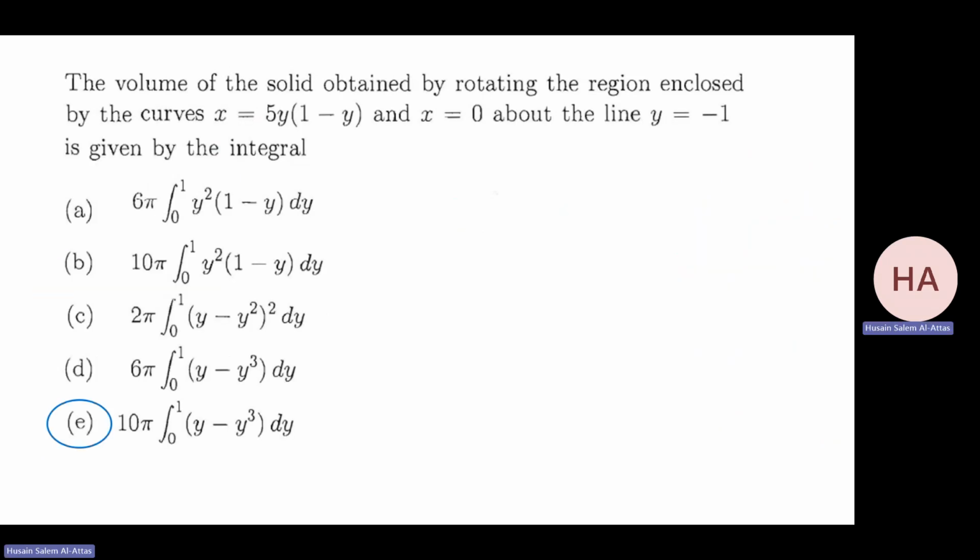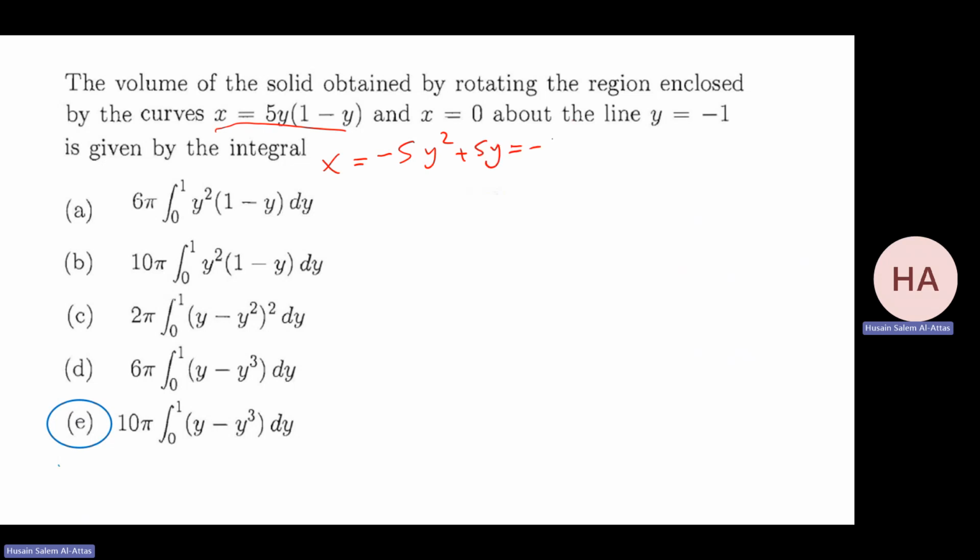Let me do more. The volume obtained by rotating the region closed by the curves, and this. How to graph this curve? Either I make it a parabola, then it can be easily seen. I can rewrite it: x equals minus 5y squared plus 5y.